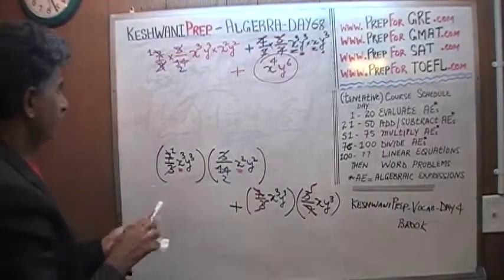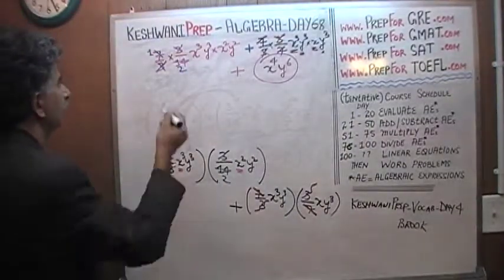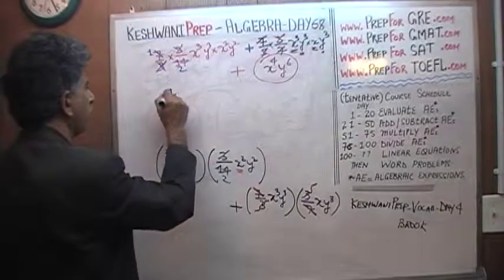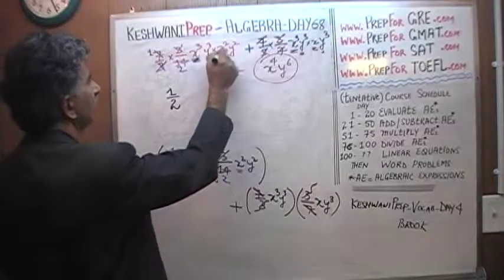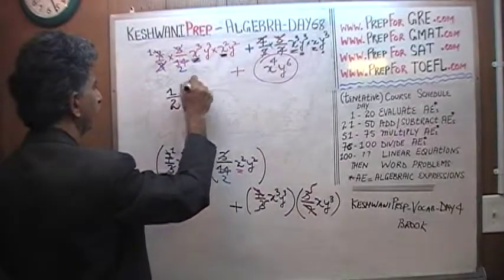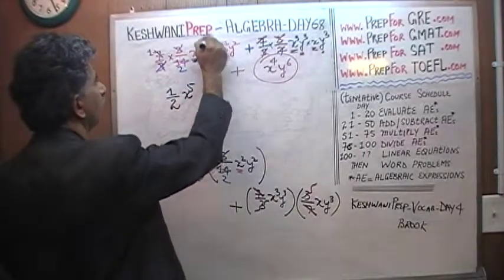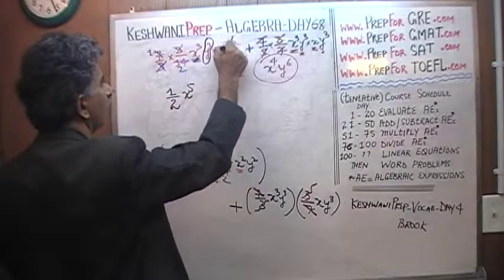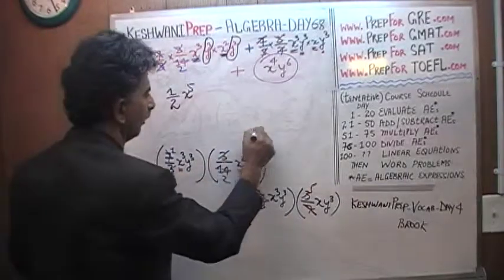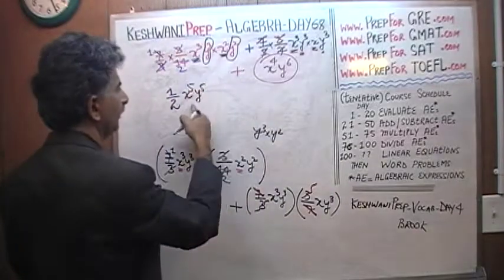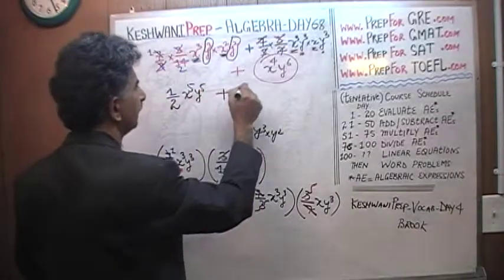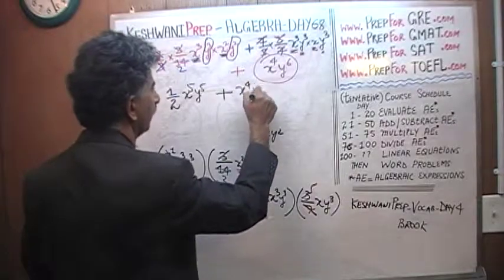Now let's work on this guy. This one was 1/2, and then here we have x cubed and x squared, which gives us x to the 5th, and then we have y cubed and y squared. Y cubed times y squared is going to give us y to the 5th. Y to the 5th plus x to the 4th and y to the 6th.